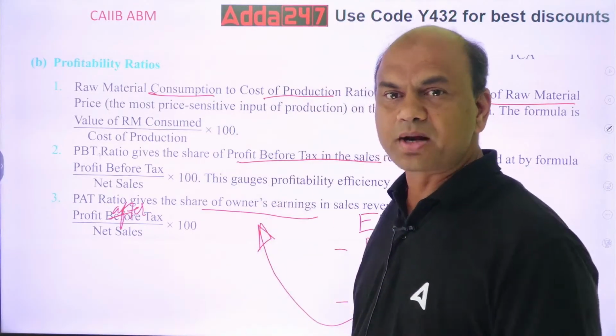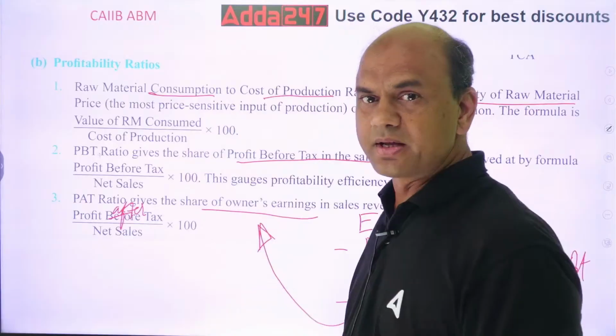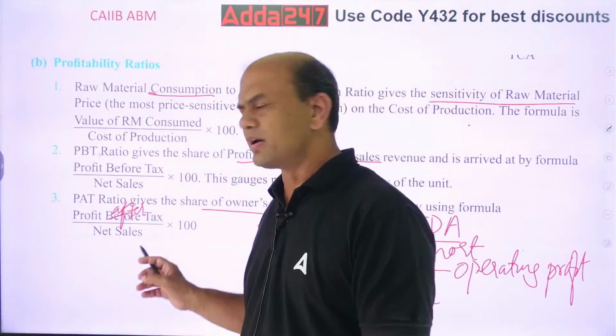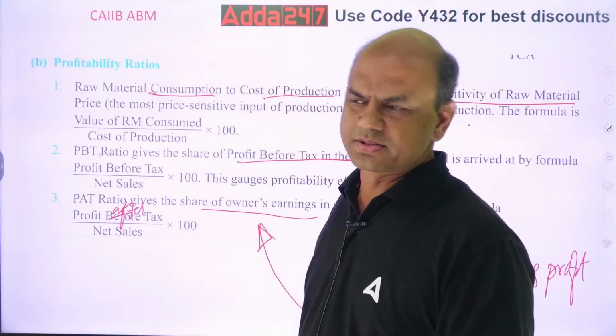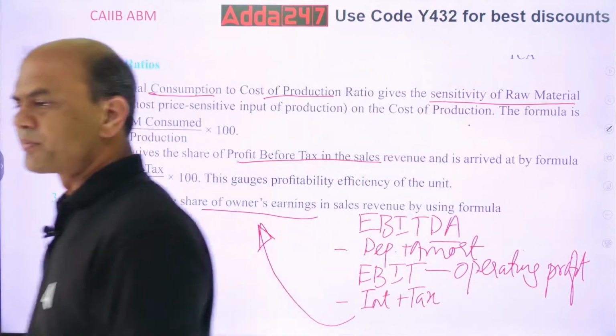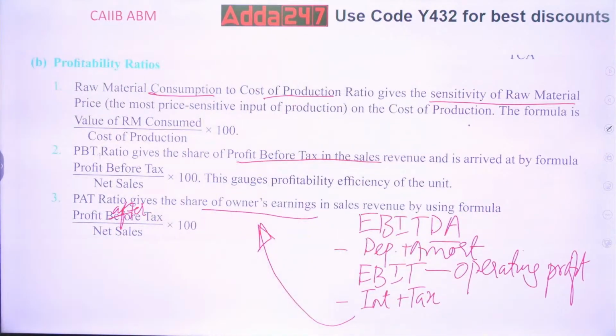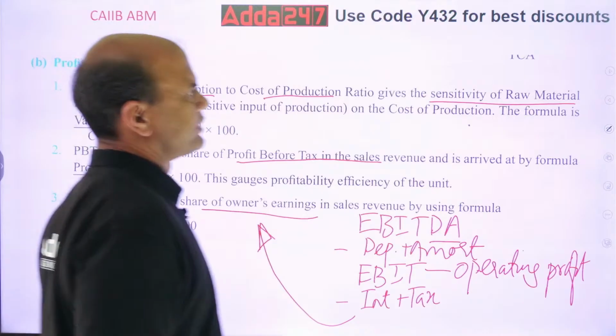From here you subtract interest and the tax paid, and then you get net profit after tax. Got it, everyone? These are the three profitability ratios. More are there. Everyone is clear about this? Because this ratio analysis is very important.